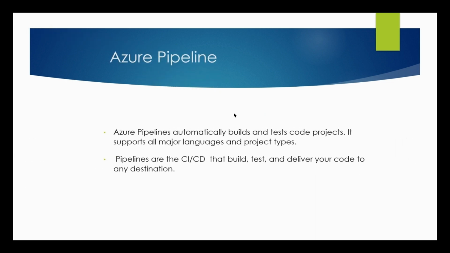Next is Azure Pipelines. Azure Pipelines has a lot of capabilities such as continuous integration and continuous delivery. A pipeline takes the code from the Azure Repo, then builds it, and then deploys to the target environment.